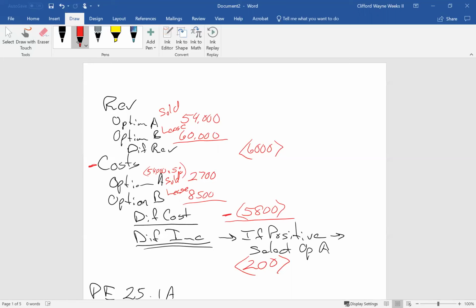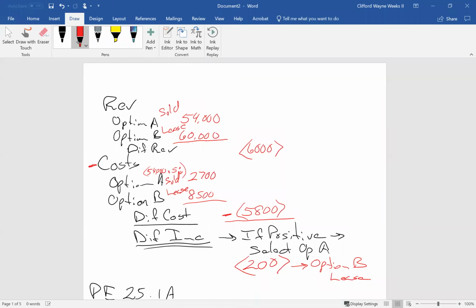The truth is, using your common sense, you could have probably just looked at this problem and said, yeah, I'm going to go ahead and lease this thing, because I'm getting $6,000 more from the revenues. Yeah, the expenses are more, but still, I'm going to make $200 more if I lease this versus selling this. And so we're going to take option B, we are going to lease.